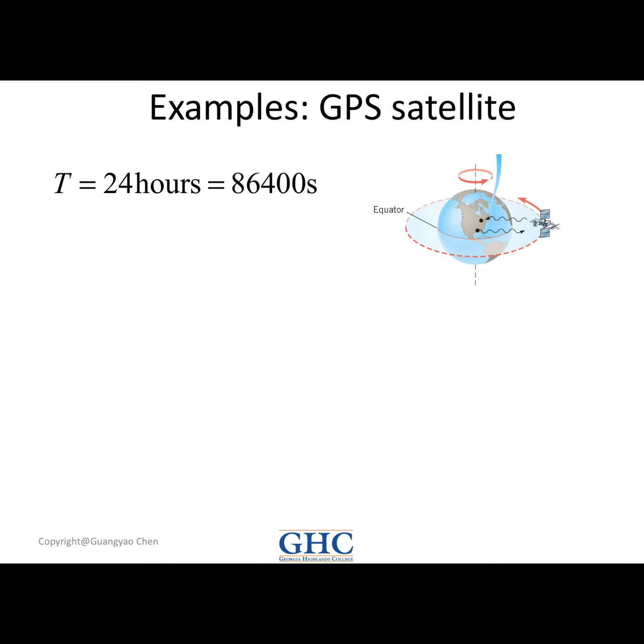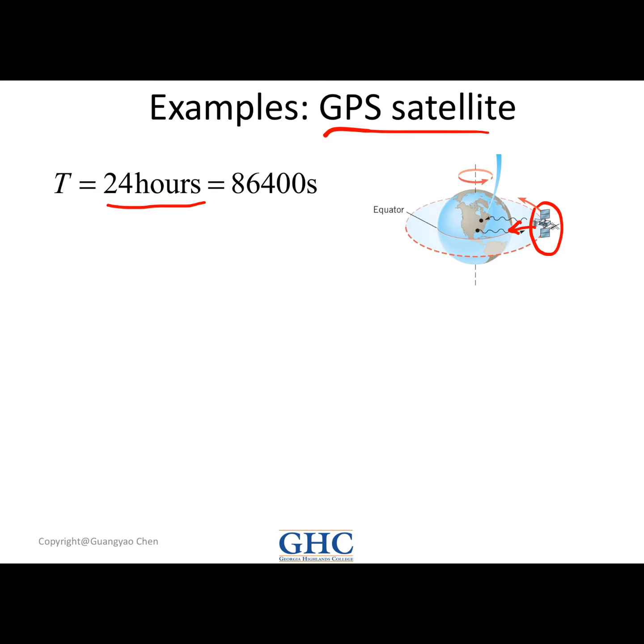So let's check a very special case of satellite, the GPS satellite. A GPS satellite is relatively fixed to the ground. So when the Earth spins one circle in one day, the satellite also spins one circle. We know one day is 24 hours, which means the period of the GPS satellite should be 24 hours, one day.